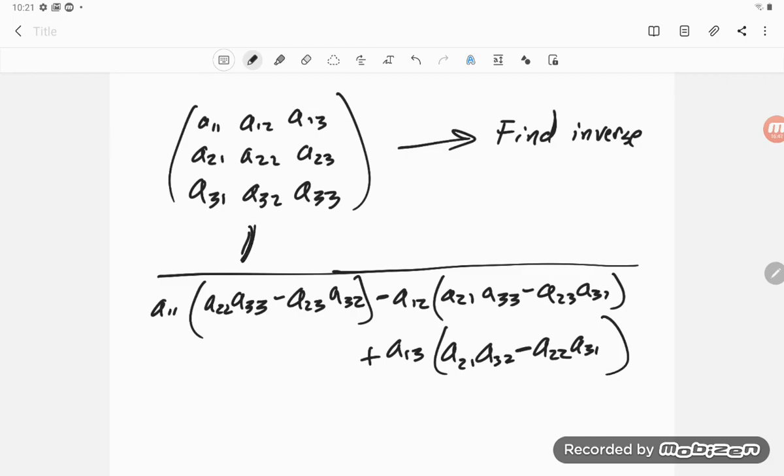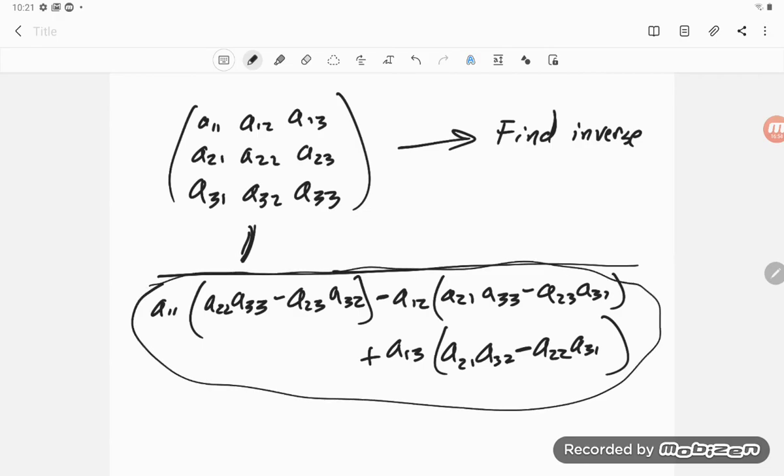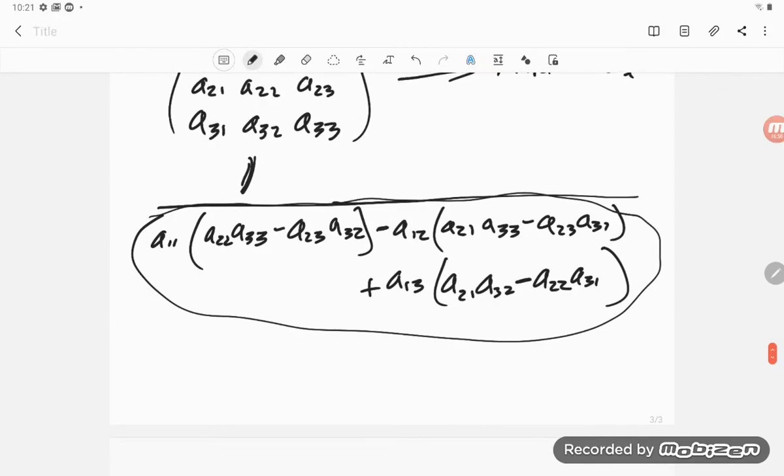That's what I'll end up with, and so we would call this whole thing a determinant for a 3 by 3 matrix, because that cannot be 0.